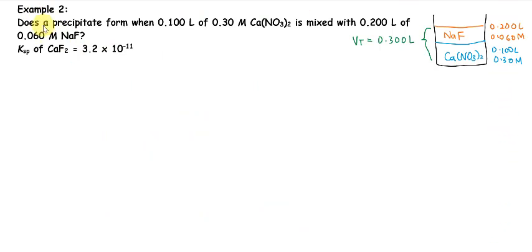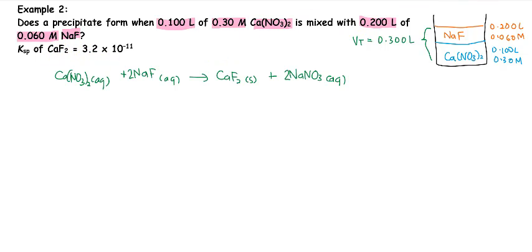Example 2. Does a precipitate form when 0.100 liter of 0.30 molar calcium nitrate is mixed with 0.2 liter of 0.06 molar sodium fluoride? The KSP for calcium fluoride is given. Calcium nitrate and NaF are soluble salts.